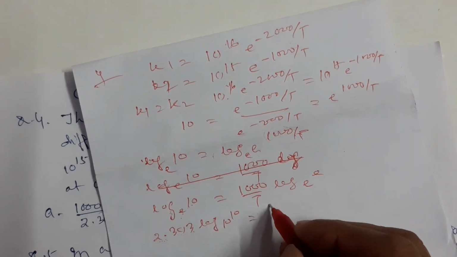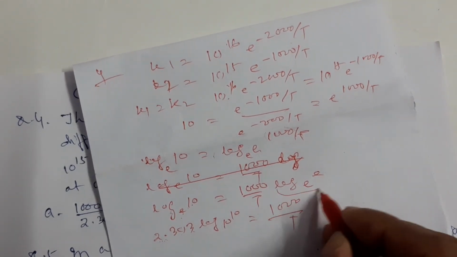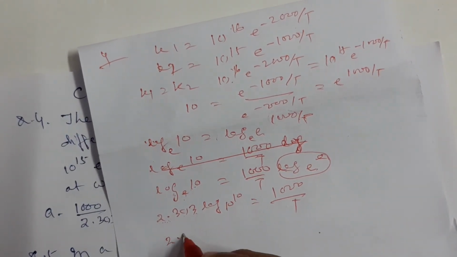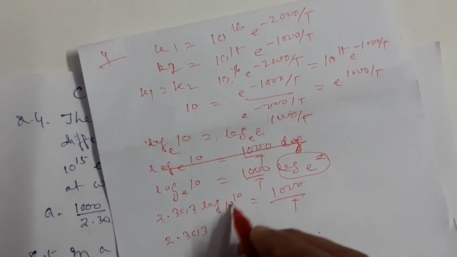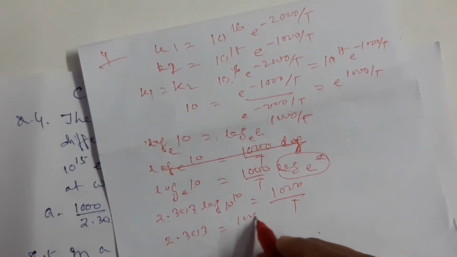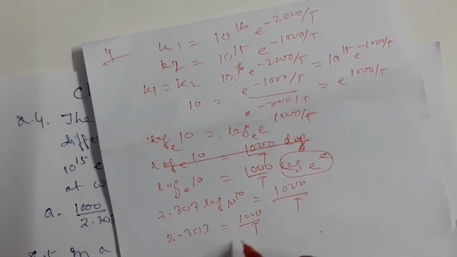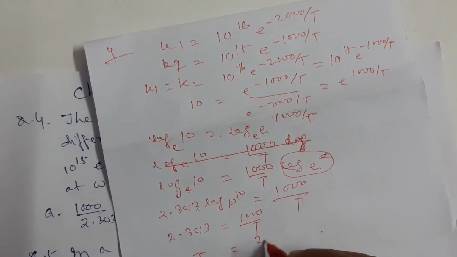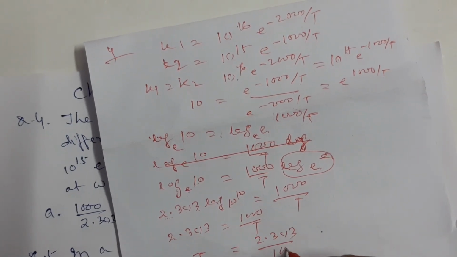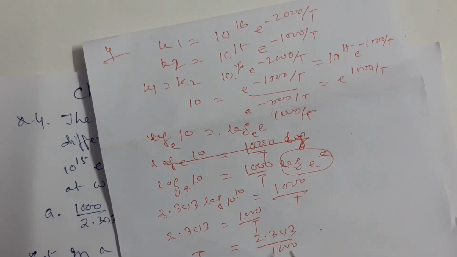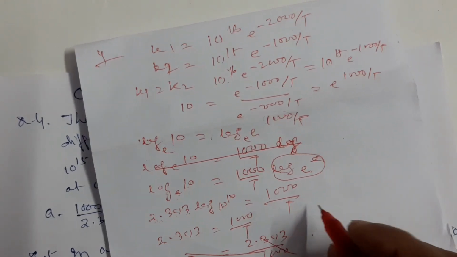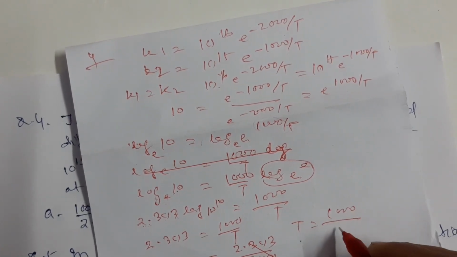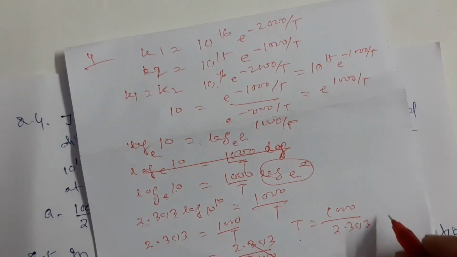So you will get 2.303 log 10 base 10, which is 1, equal to 1000 by T. Therefore T is equal to 1000 by 2.303 Kelvin.